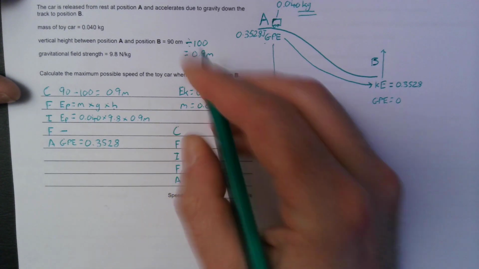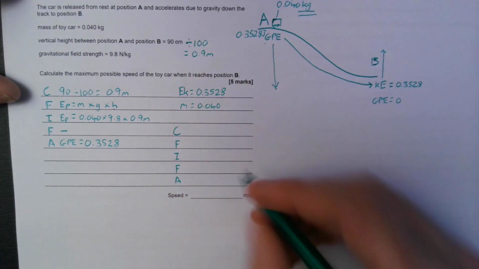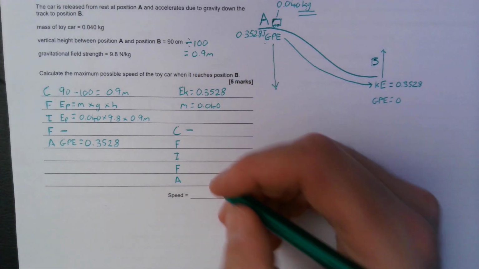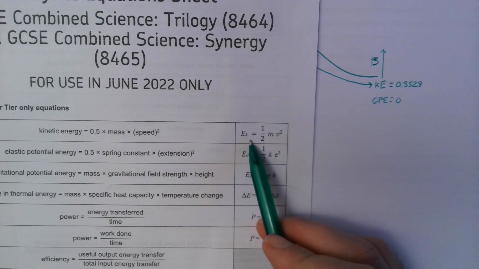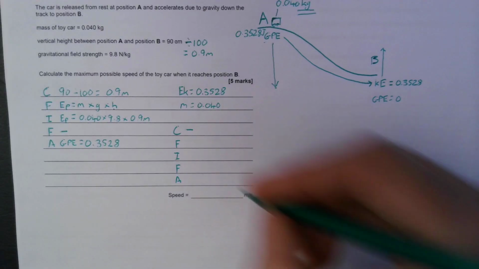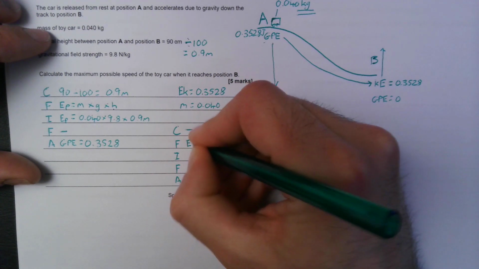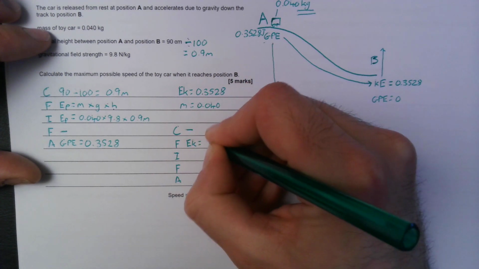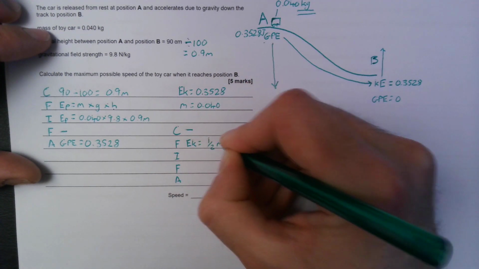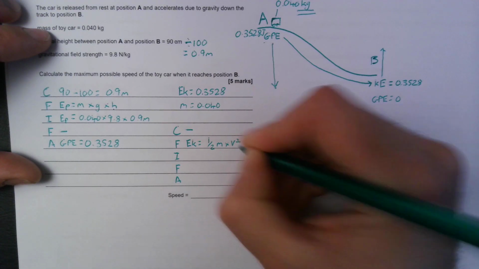And we don't need to convert anything because we've got everything sorted. We're going to use that equation: EK equals half the mass times velocity squared, because that's what we've got the data for. Half mass times velocity squared.